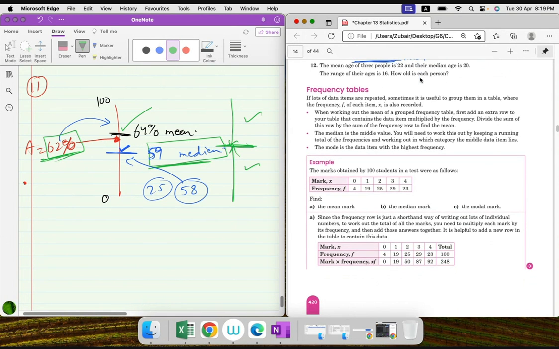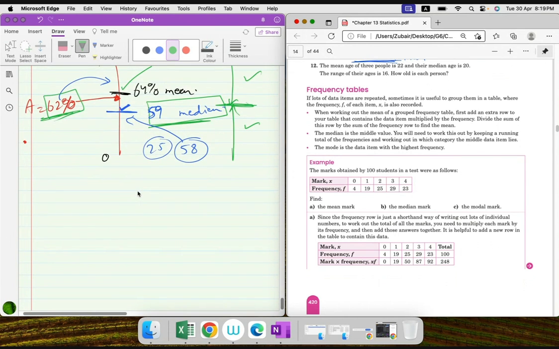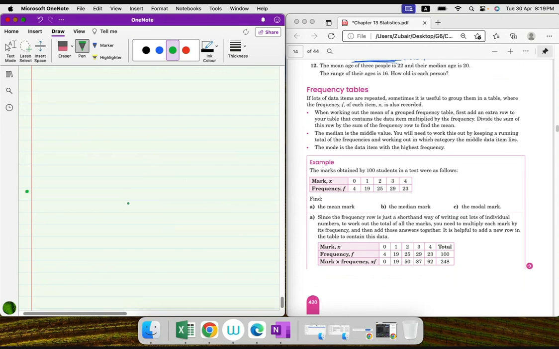Question number 12. The mean age of three people is 22 and their median age is 20. The range of their age is 16. How old is each person? So mean age of three people is 22.